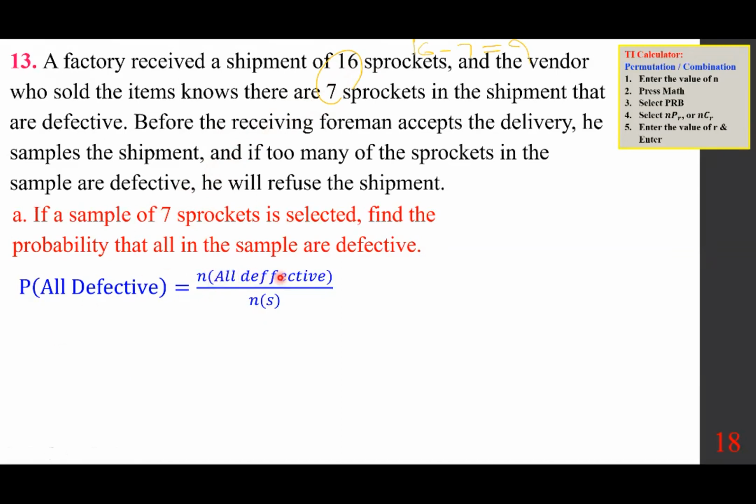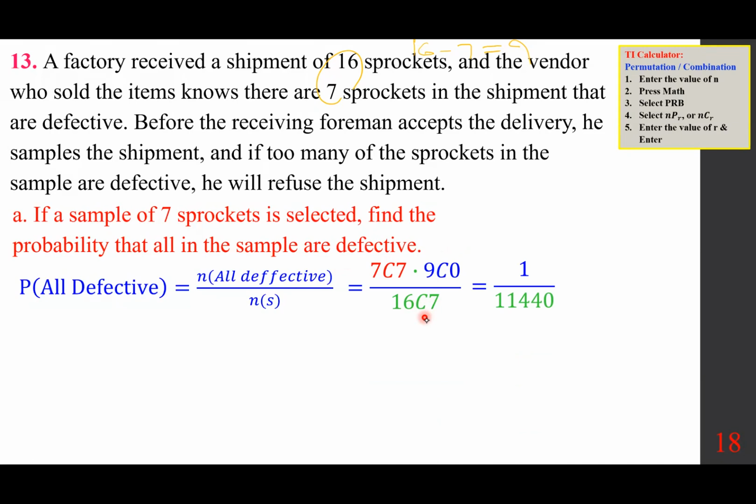If we want all of them to be defective, there is nothing left, so combination of 9, choose 0. That's their product. This is 1, this is 1, and the denominator has to be calculated.